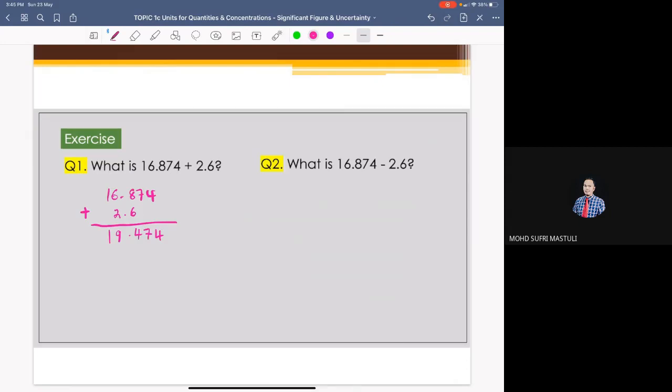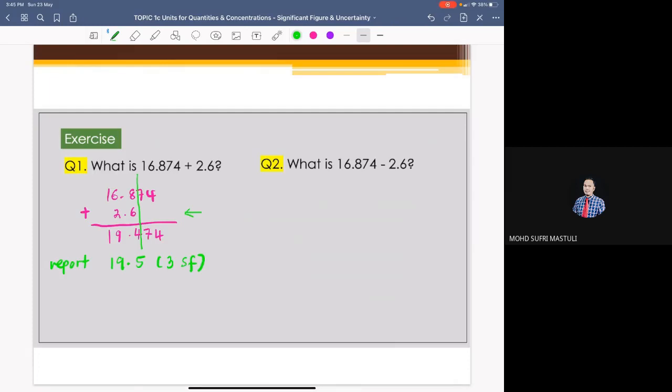The lowest significant figure is 2.6, so we stop there. We will report only 19.5, which is three significant figures.